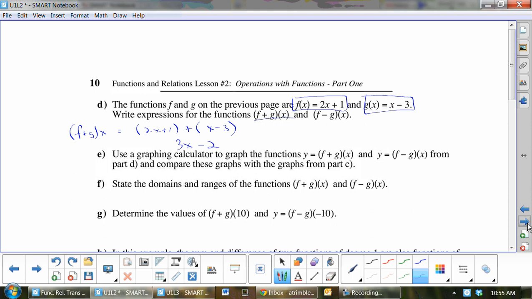Okay. Now it also asks for f minus g of x. Okay, so what am I going to do there? I'm going to go 2x plus 1 minus x minus 3. Now do you see I'm very deliberate in putting both in brackets? Now again, I'm not teaching you how to get 50% of the diploma, okay, or 80% of the diploma.